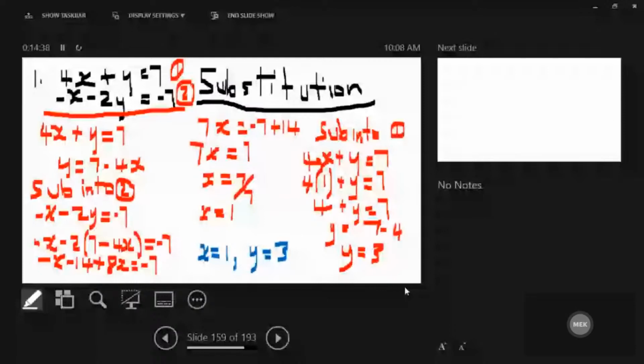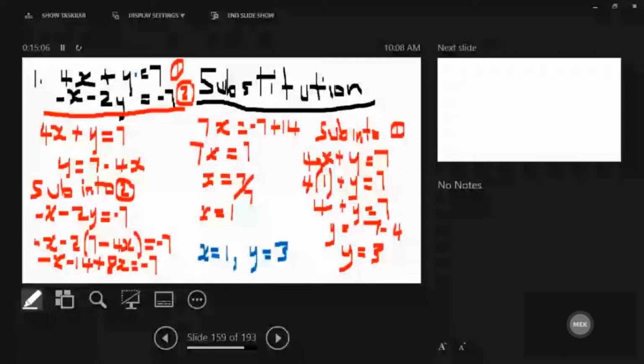So take note. And always remember, whenever you solve simultaneous equations or any kind of equation in algebra, always check your answer: substitute it back into the original equations to see if it works. So if we're saying x is 1, y is 3, then 4 times 1 is 4 plus 3 gives 7.